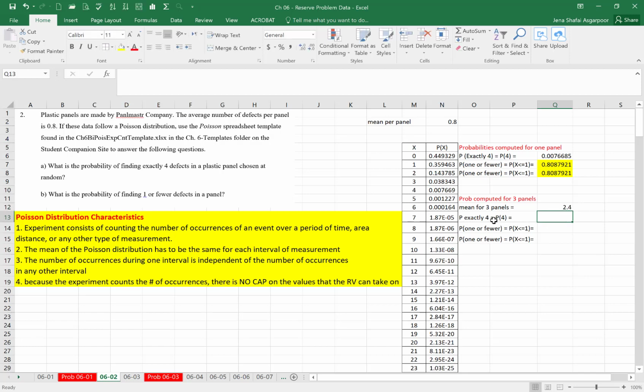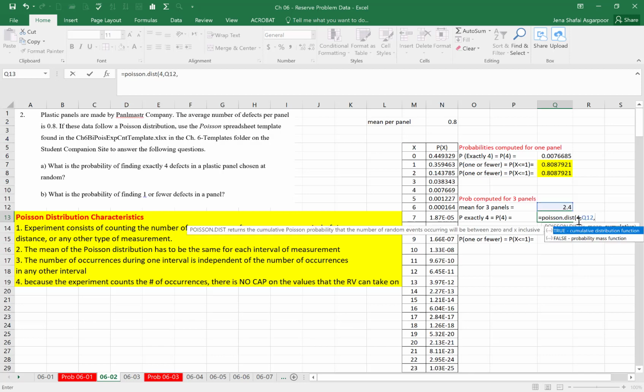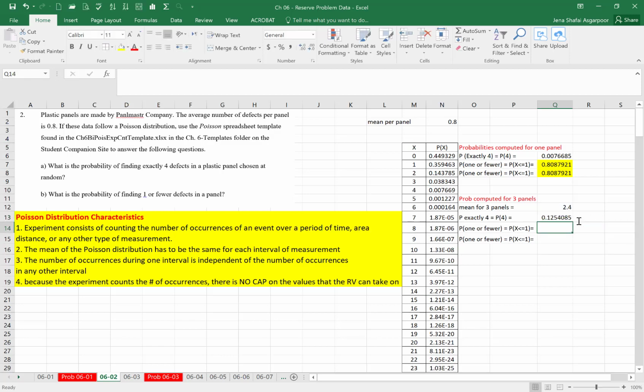So now we can compute this equals Poisson dist for x being 4, exactly 4, mean being 2.4, and I want to say false or 0.